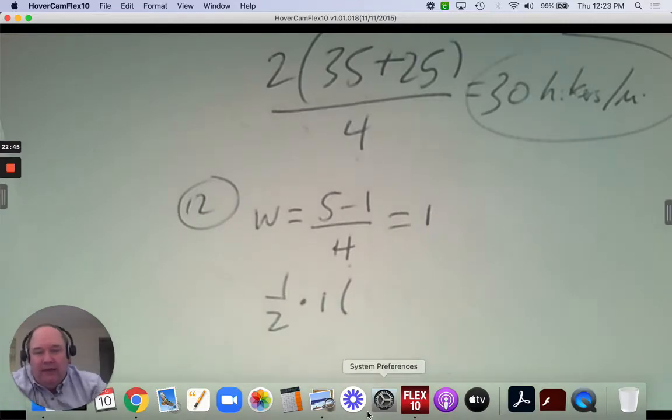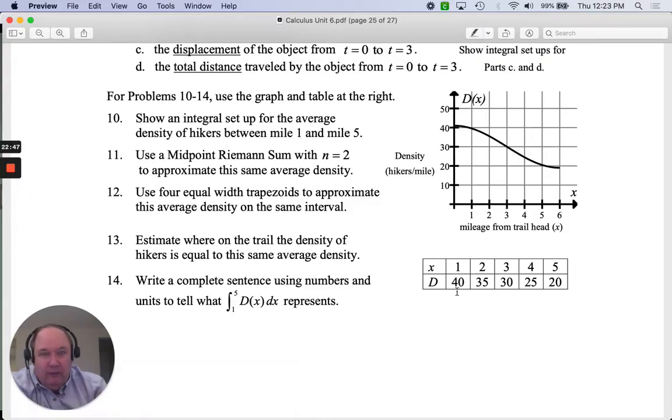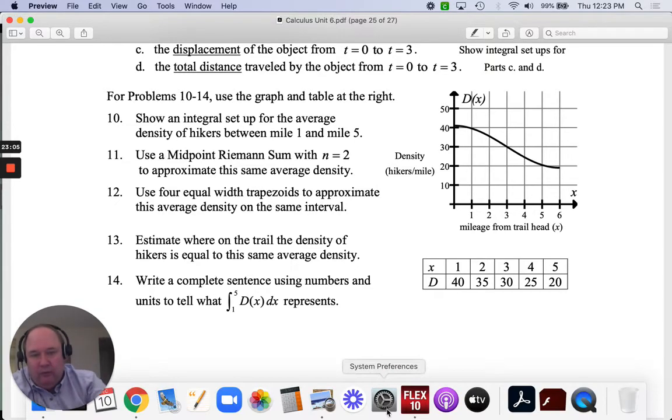And then we look at each height to plug in. So we're going to plug in 40, 35, 30, 25, 20. The first height is singular. All the middle heights are doubled. So 35, 30, 25, they're all doubled. 20, again, is singular. That's called the trapezoidal rule.